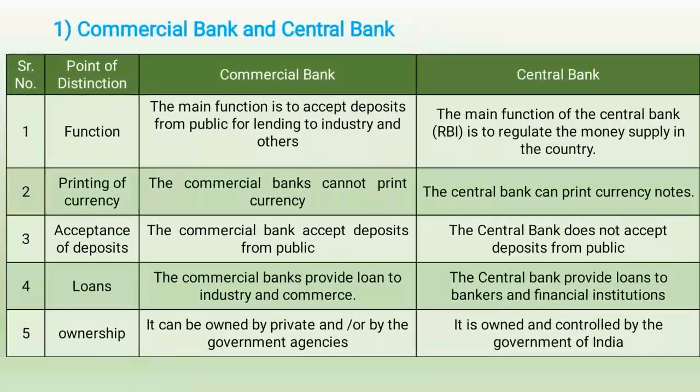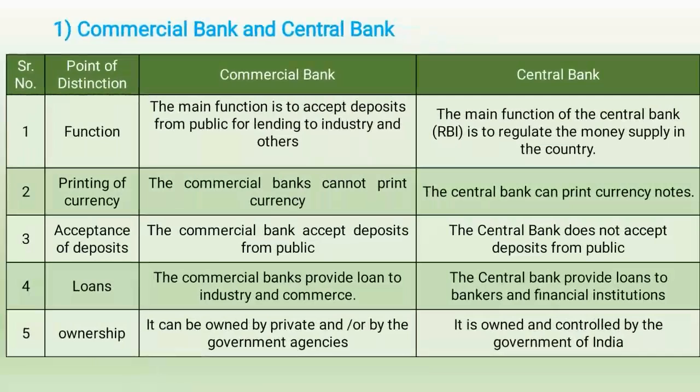Now the first point is function. Commercial bank, the main function is to accept deposits from public for lending to industry and others. What is the function of central bank? The main function of central bank is to regulate the money supply in the country.